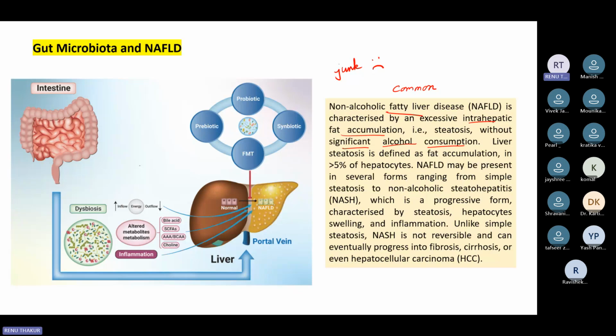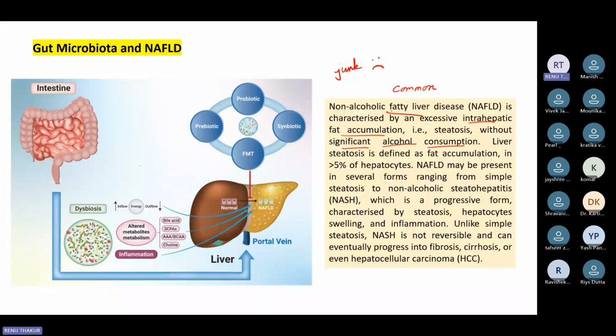If a person is not consuming alcohol in a significant amount, or is not consuming at all, then also he or she can have this disease NAFLD, because this depends on the fat accumulation, not at all dependent on the alcohol. So that is to distinguish between alcoholic liver cirrhosis and the normal fatty liver disease. So the term non-alcoholic is added to this fatty liver disease.